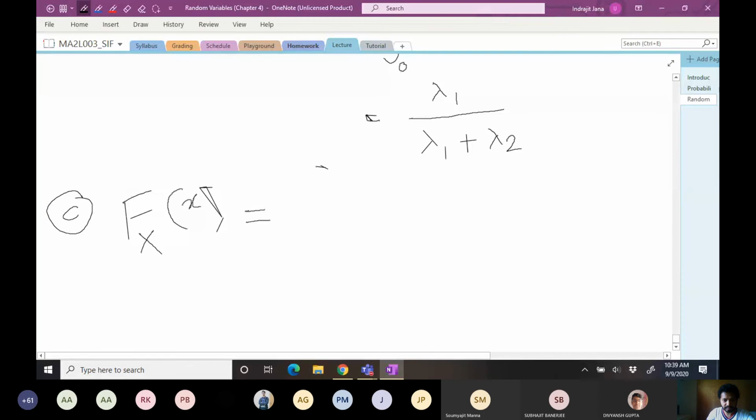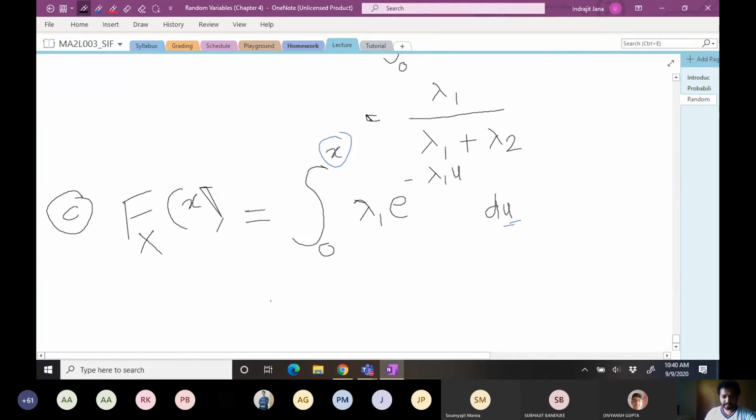So integration from 0 to little x of lambda 1 e to the power negative lambda 1 u du. Since the boundary of the integration already has x, I do not want to use x in the integration, so I'm using a different variable.